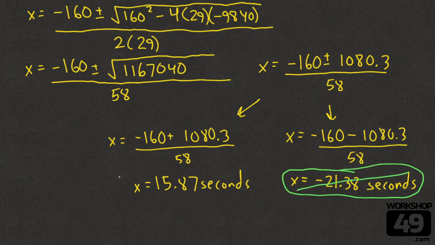It's not the true answer. The positive answer is the correct answer, which means Jody and Charlie are 100 meters apart at 15.87 seconds. A lot of extra work if someone gets a head start, but we were able to solve this lovers' quarrel quadratic word problem. Thank you very much, and I hope you enjoyed the video.